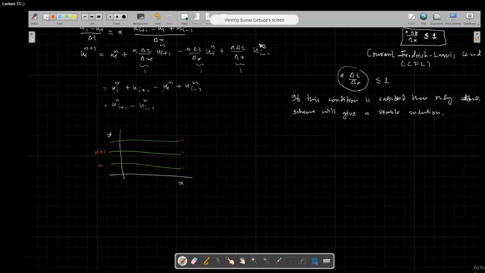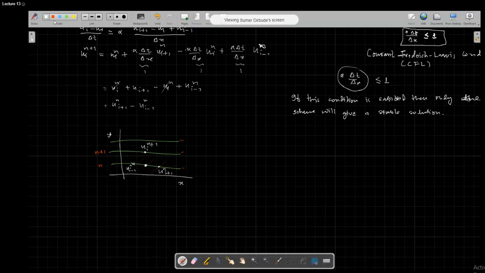The ui n plus 1 value for this ratio depends upon these values, ui minus 1 n and ui plus 1 n, and not on any other value.